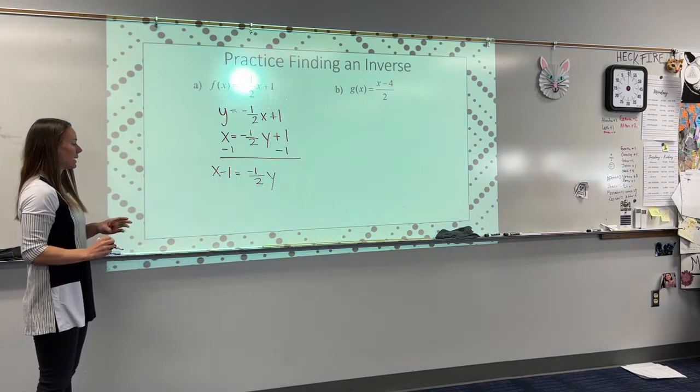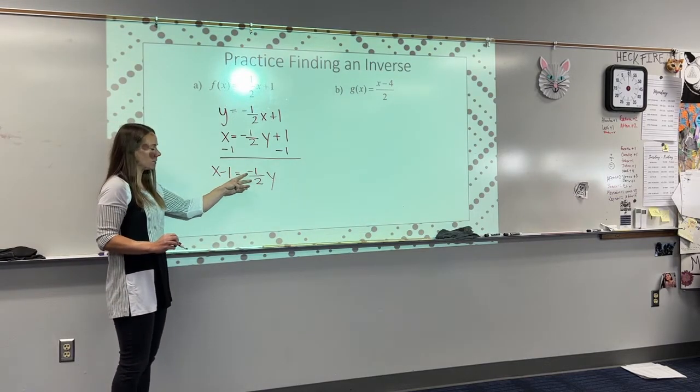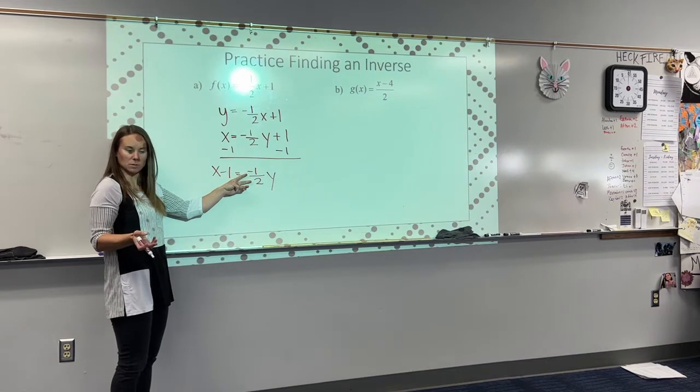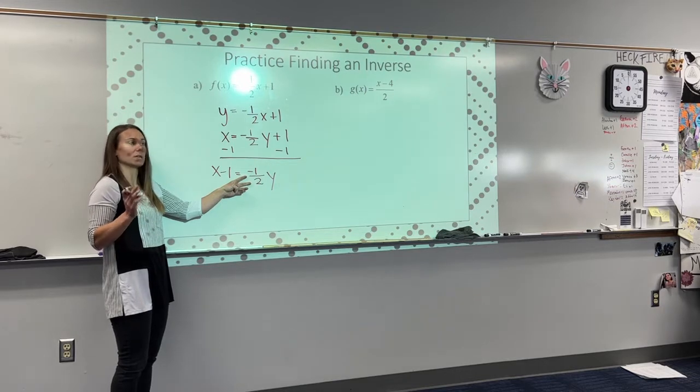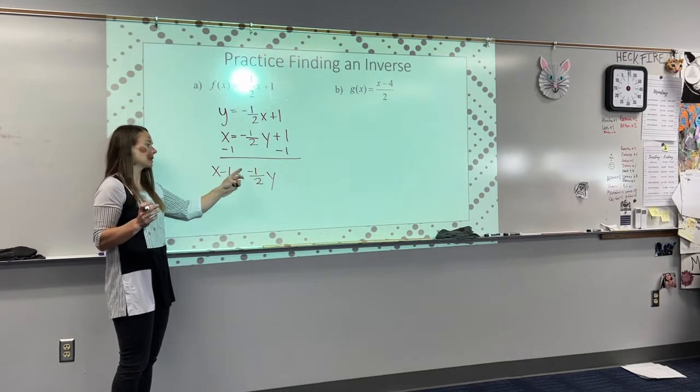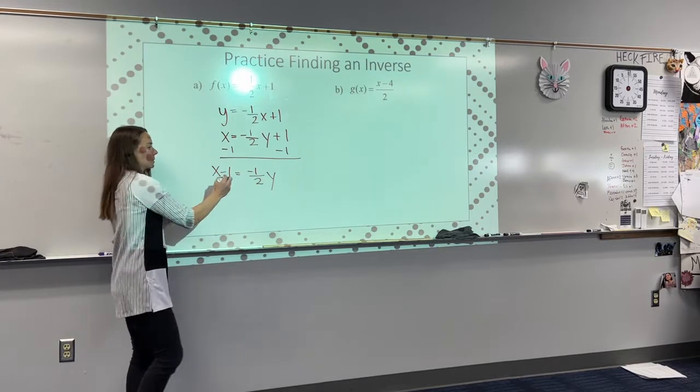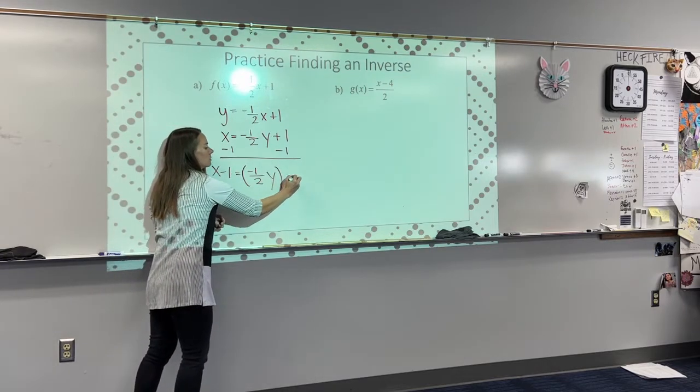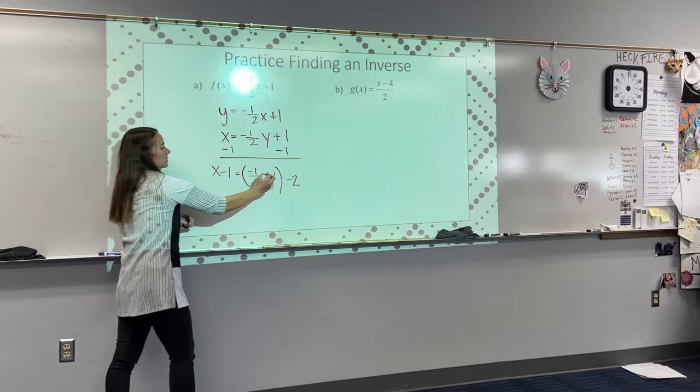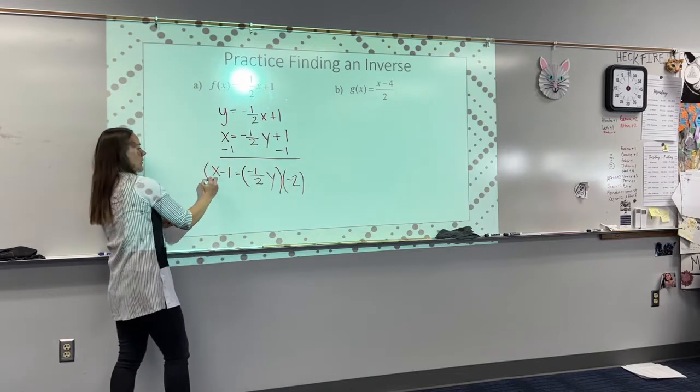Now, if I want to get rid of a negative 1/2, I need to multiply by its reciprocal. So what would I multiply both sides by? Negative 2. So we're going to multiply this whole thing times negative 2, which means I have to multiply this whole thing by negative 2.